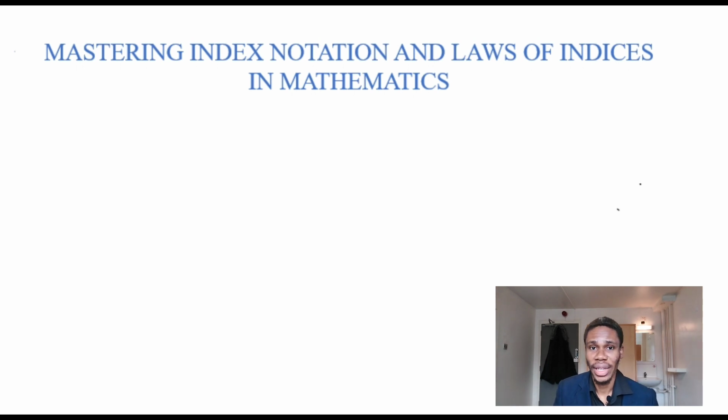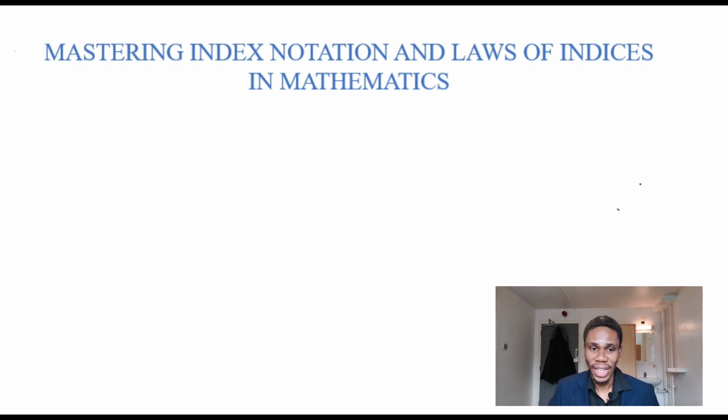Index notation is a shorter way of expressing numbers or variables. In this video, I'm going to be using index, exponent, and powers interchangeably. Now they all mean the same thing.